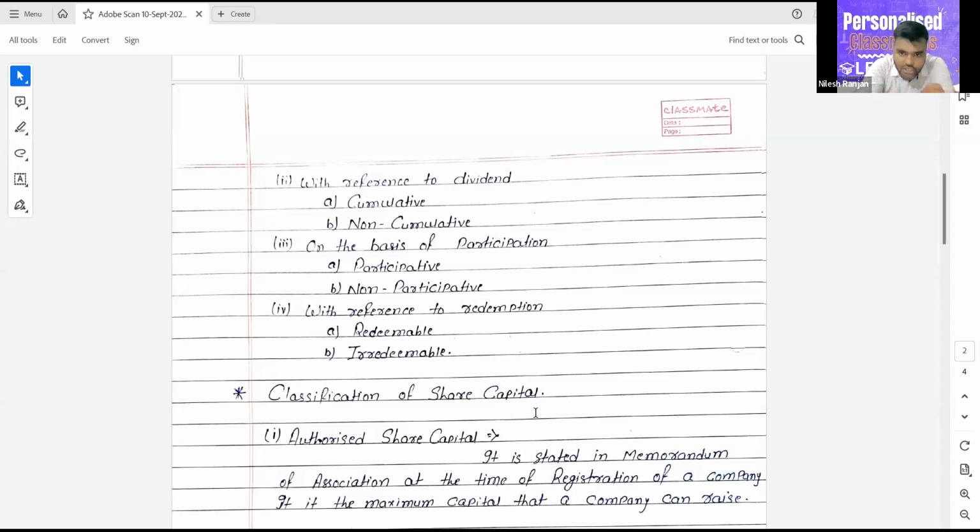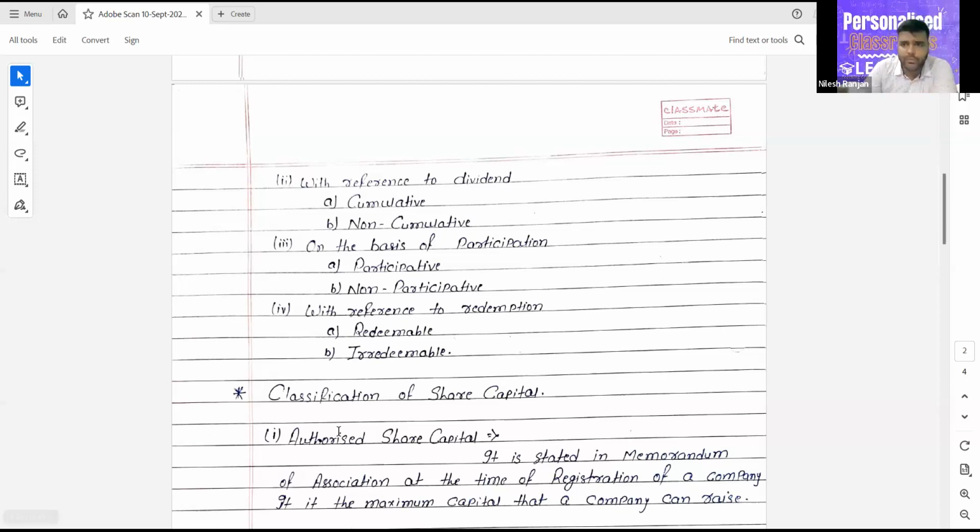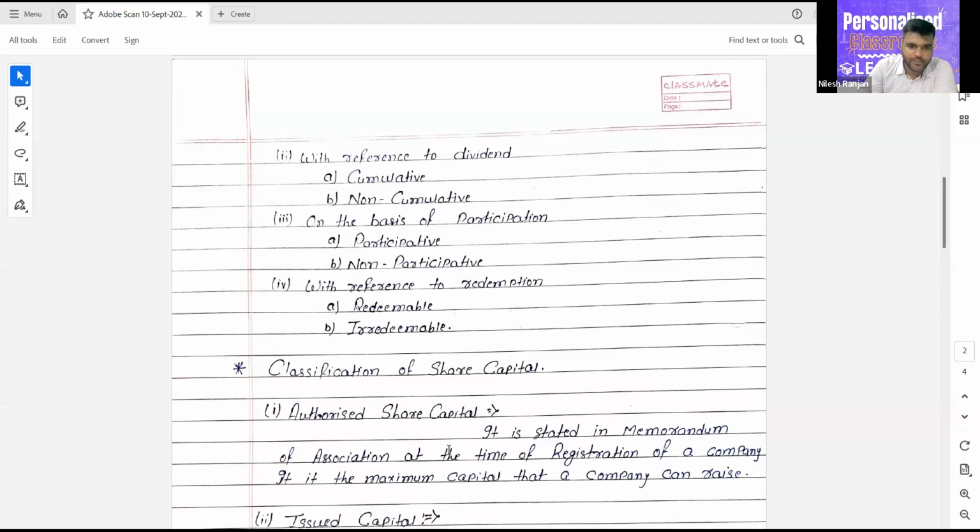Then if they register your company, this capital is called authorized capital or registered capital. It can also change, but for that you have to pass a resolution. We will discuss that later.